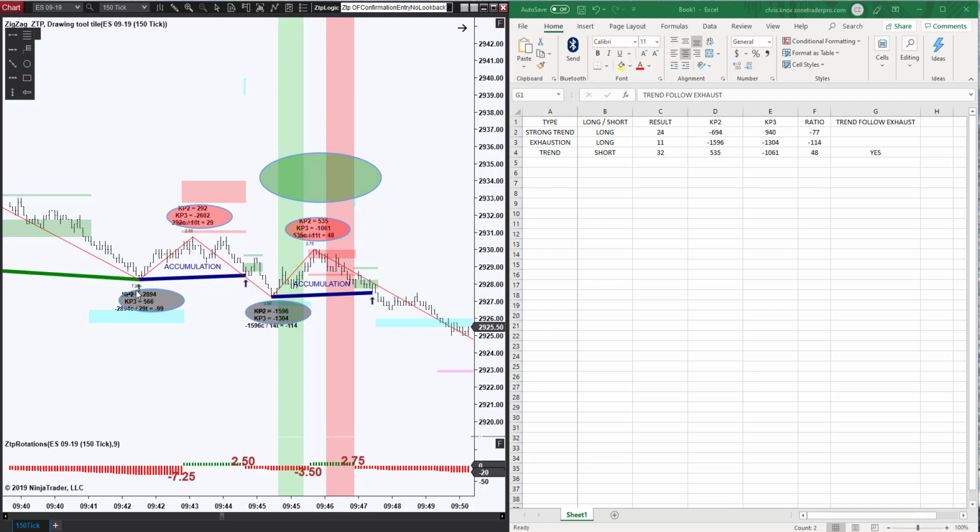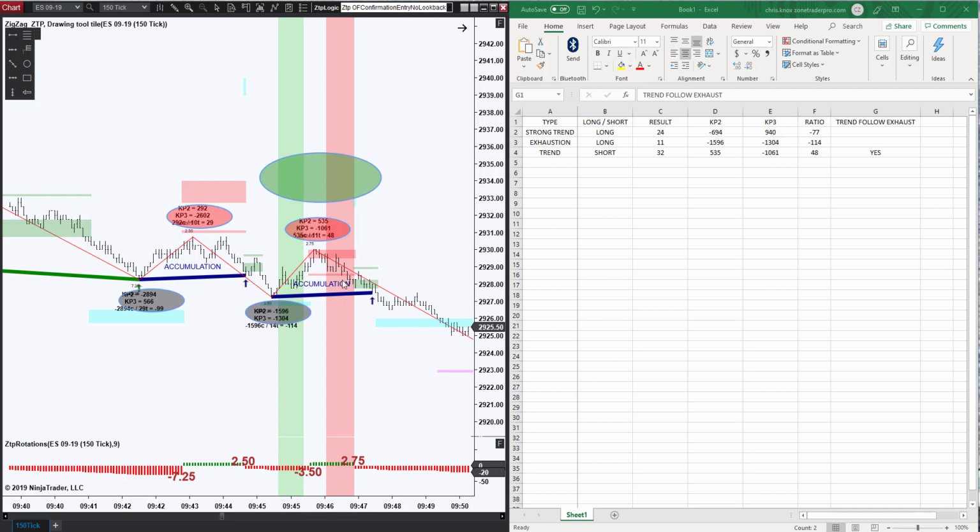This accumulation had a ratio of 99, and then it was followed by a second accumulation of a negative 114 on an exhaustion pattern, which we have right here. As you remember, there were 2 exact circumstances where that occurred, so I went ahead and added this as a trade that we would look at also.